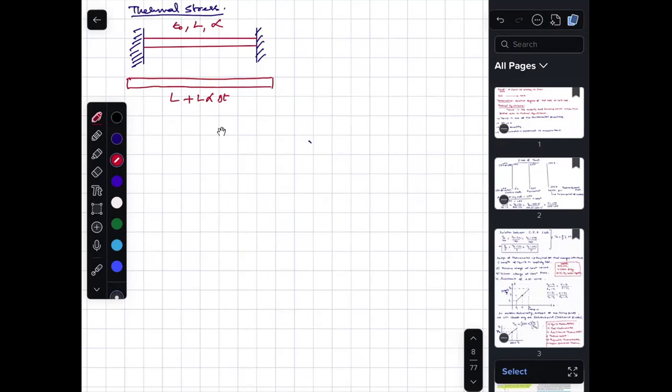What is initial length? L. What is final length? L plus L alpha delta T. But in our case, what is the final length? L. So what is strain in this? That is strain.